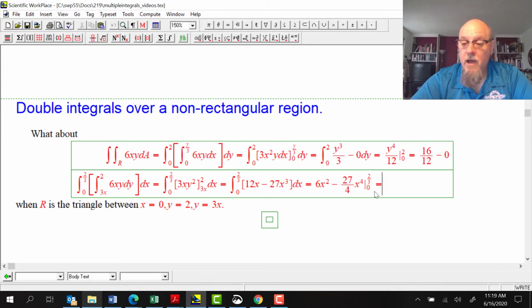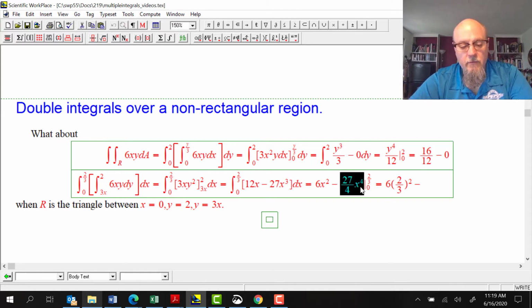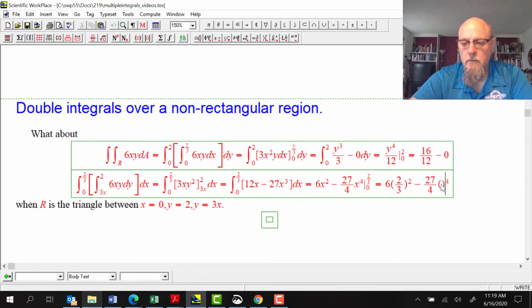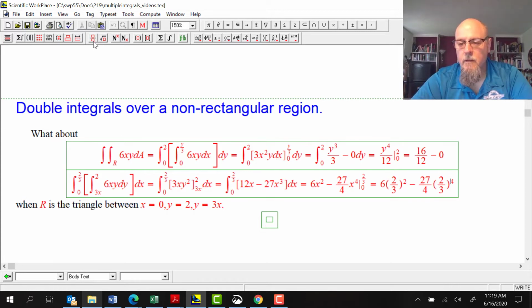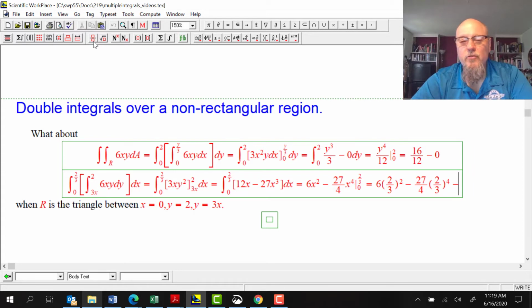All right. Now, these are x's we're subbing. Well, there's only x's left. So when I sub in the top, I'm going to get 6 times 2/3 squared, minus 27 over 4 times 2/3 to the fourth, minus, now there's two pieces here.